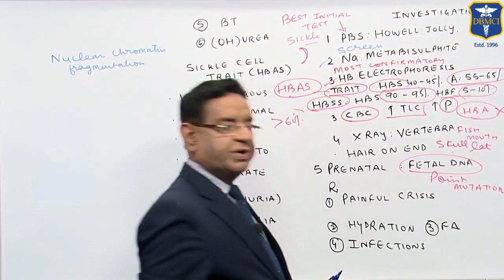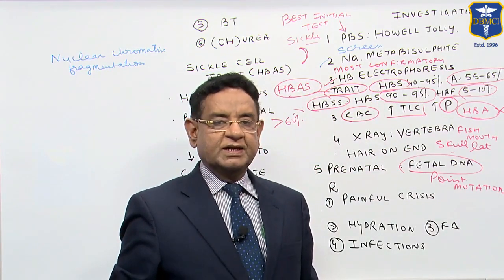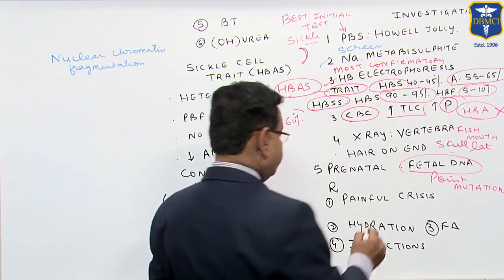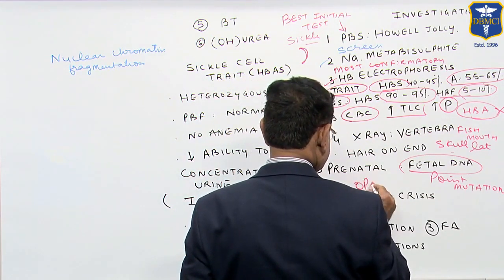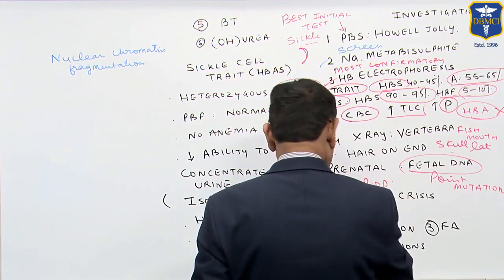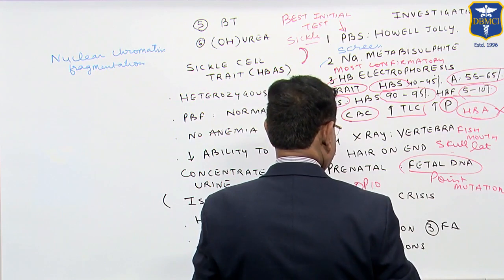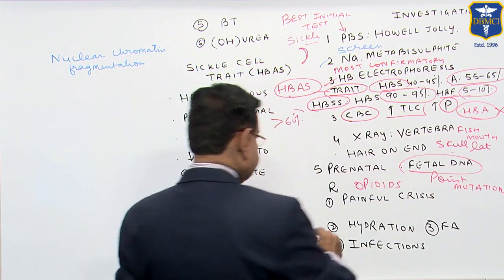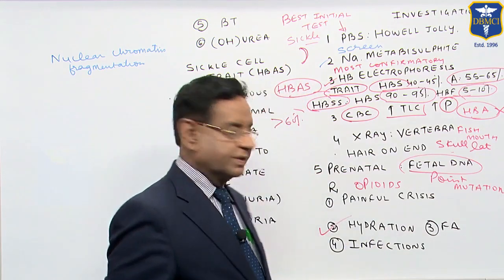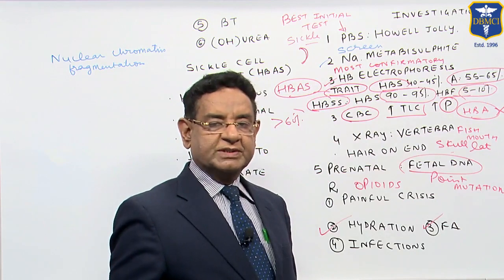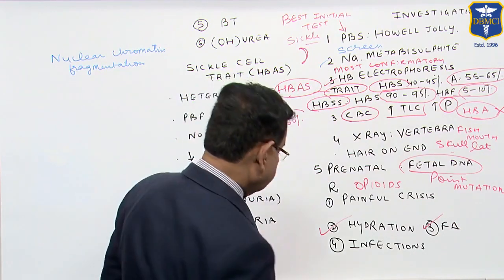Now, how to treat a case of sickle cell? Patient comes with any painful crisis, so you have to use opioids. We have to maintain good hydration. Folic acid should be given regularly because they have a lot of hemolysis going on.